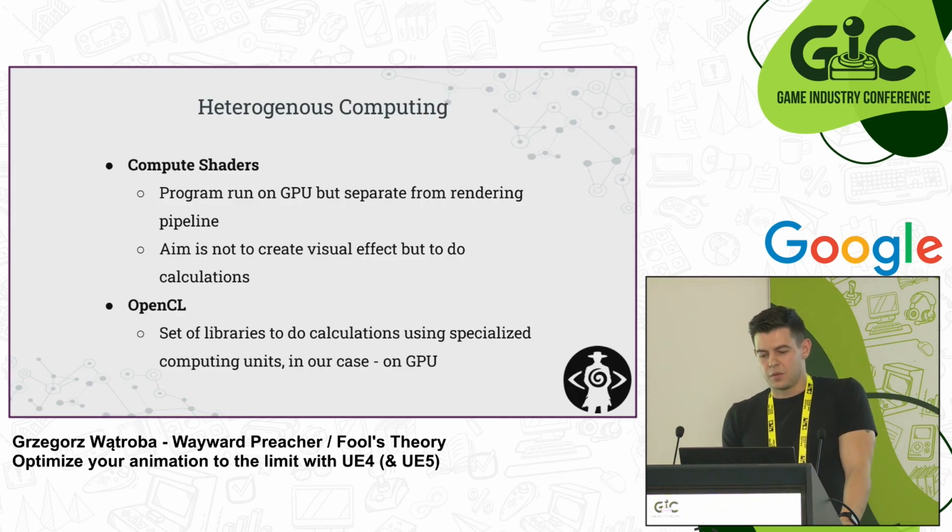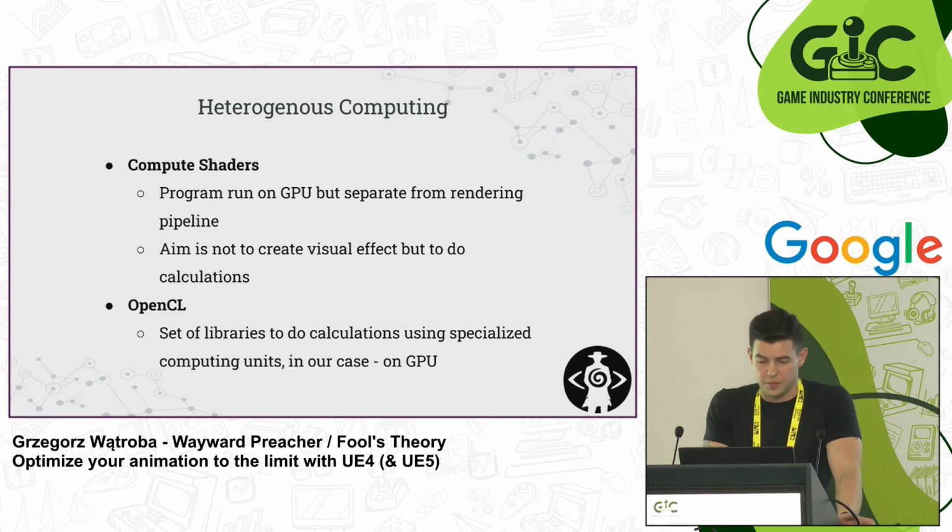Next thing we wanted to explore, and actually it's not easy because we don't have much time for it, is heterogeneous computing. So in regard to heterogeneous calculation, we use two different types of compute units in our case.